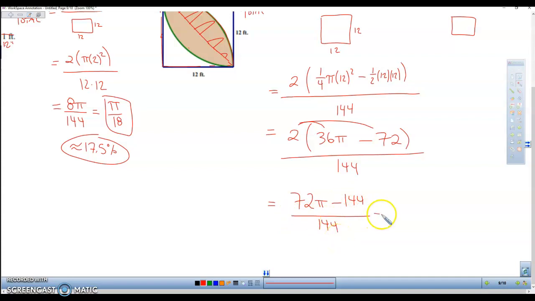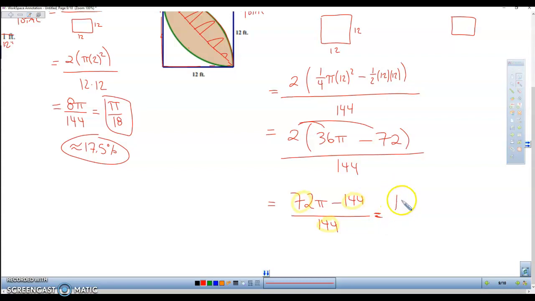Now, in terms of getting your answer as a fraction in simplest form, this is something you may recall from algebra class, but all three of these terms in this expression, they all have a common factor of 72. So what I'm going to do is divide each of them by 72.